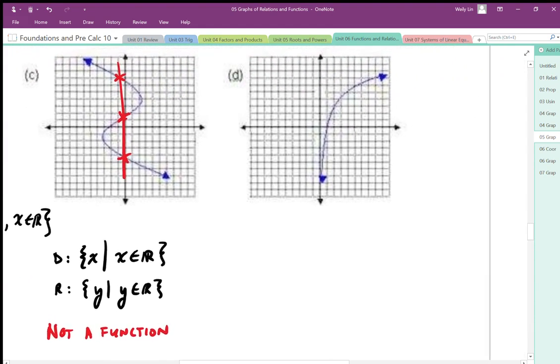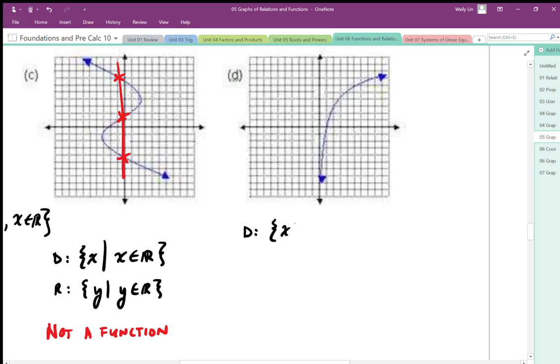And then lastly, this one here, it looks like there's an asymptote along here. So it looks like it's going along and not going to touch the y-axis. So when we talk about the domain, the domain still is our x variable, and it looks like it's going to take on values bigger than 0. Now, since it's an asymptote, it probably doesn't touch 0, so we're just going to leave it as greater than 0.